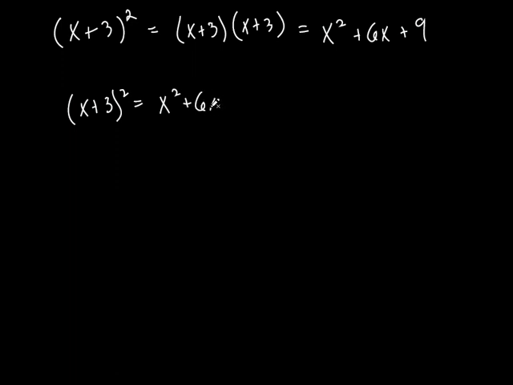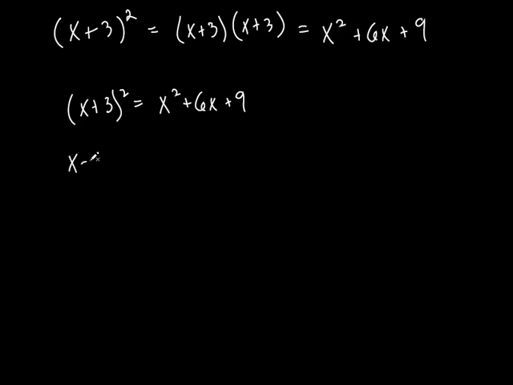But how did we get that middle term? What did we do to the 3 and the 3? Add them, or you could take that 3 and multiply by 2. Agreed? Because I'm squaring it, these two end terms are exactly the same, so that gives you the middle term.